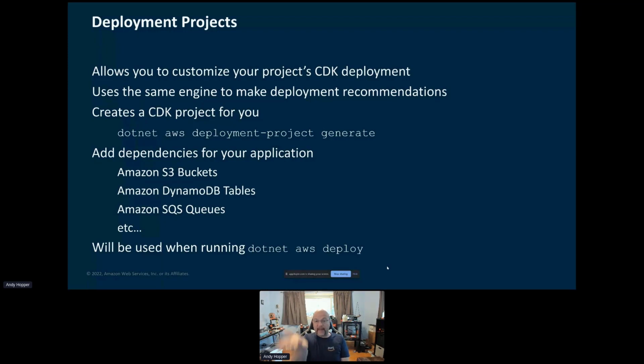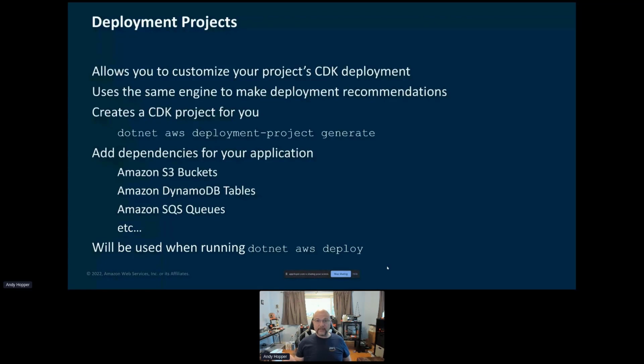I talked earlier about how this demo project is using DynamoDB. So if I wanted that DynamoDB table to be created as part of my overall deployment so that I can deliver everything all at once, what I can do is generate a deployment project and then customize that deployment project and add whatever resources I think are going to be necessary for my application.